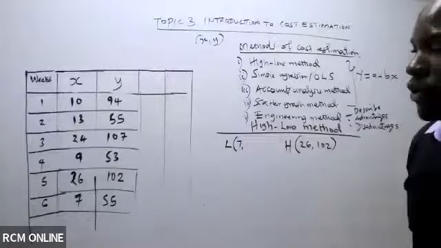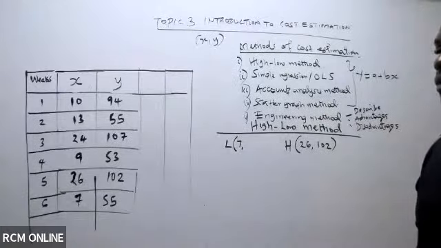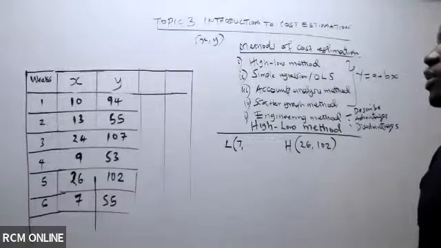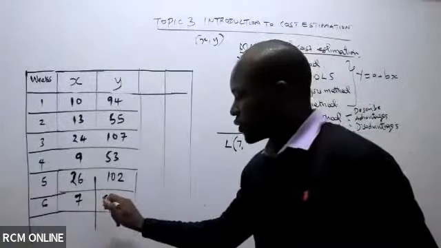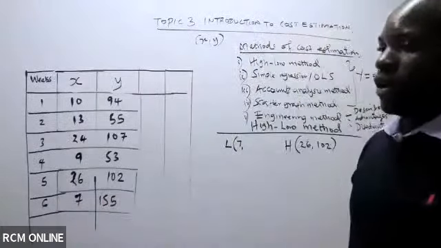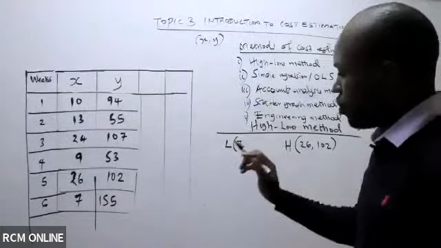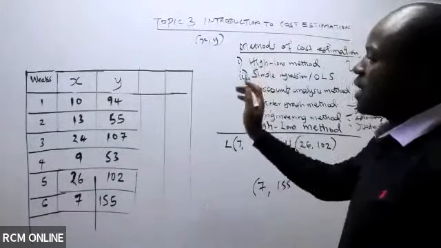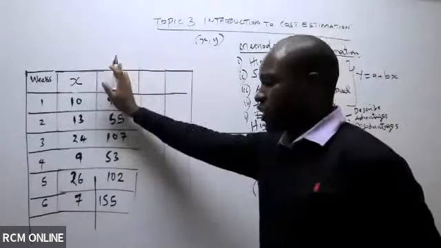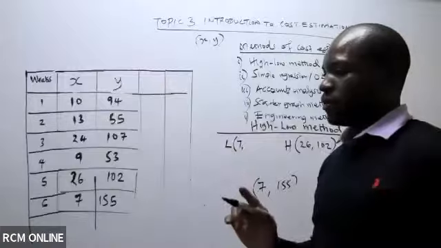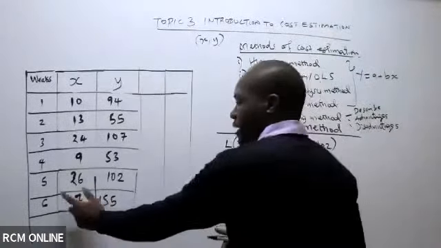Whether it corresponds to the highest figure, that will be our lowest coordinates. Assume this 7 was having 155 here. What will be your lowest? I will still go for 7,155. I will close my eyes and forget about Y. Y will not dictate what I want to pick until I have similar figures.